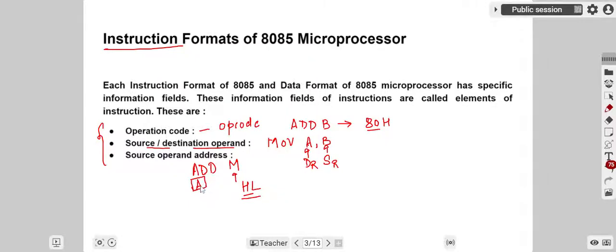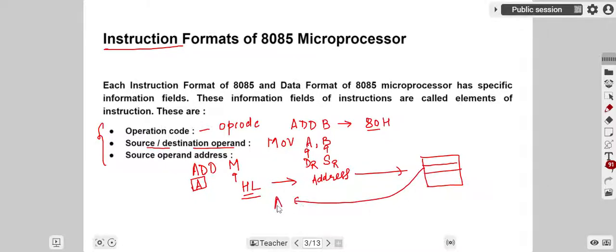So one data is stored in the accumulator. The second is stored at the address specified by the HL register pair. So it will provide us one 16-bit address. The CPU will jump to that address, locate the data and fetch it to be added with the contents of the A register. So this is the source operand address.